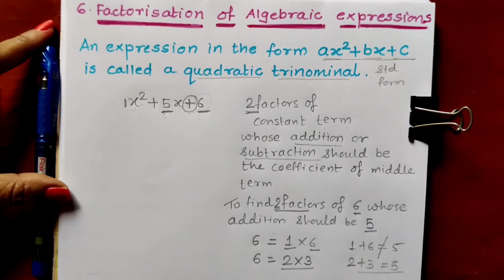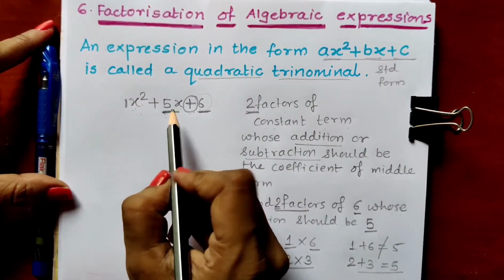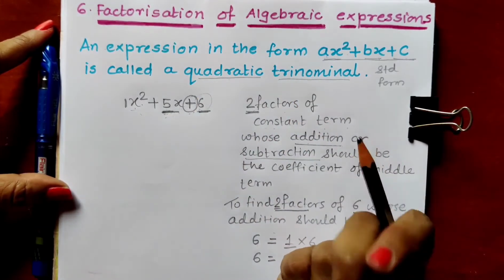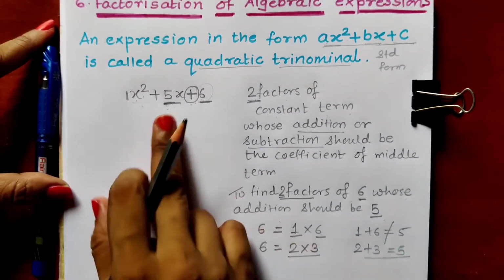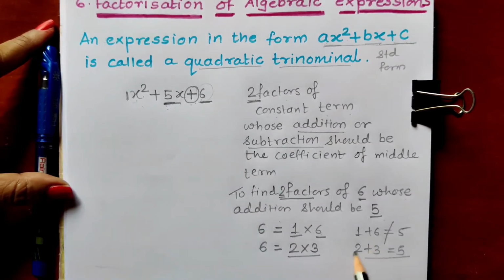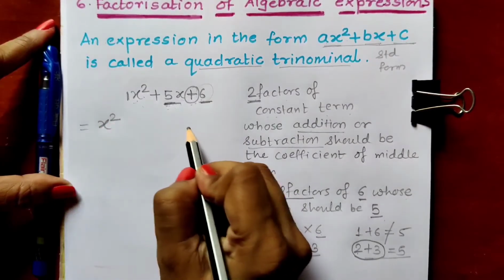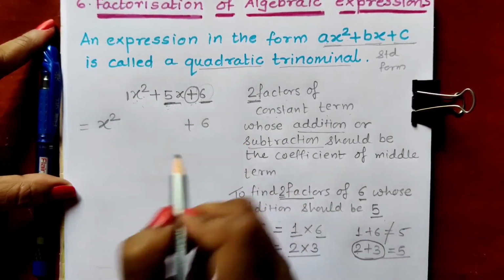And then we can split this middle term, and in place of this middle term we have to write 2 terms whose coefficients should be 2 and 3. So the first term we write as it is, x square, the last term we write as it is, plus 6.